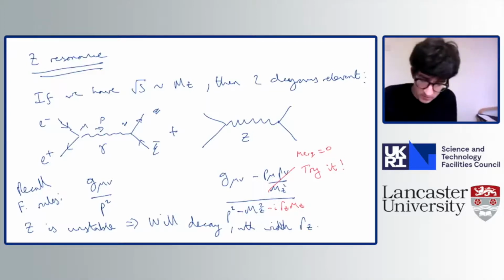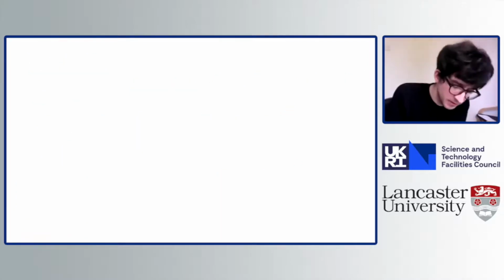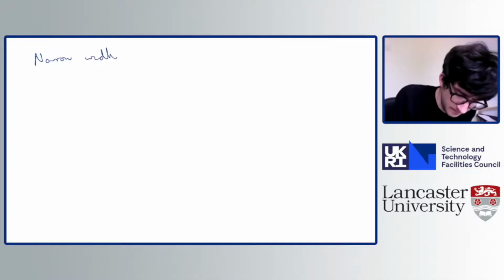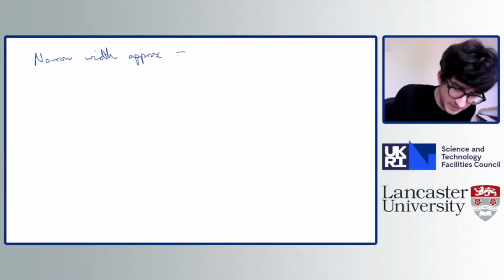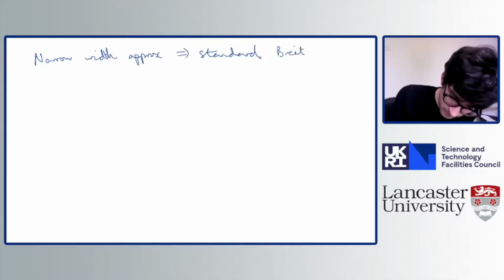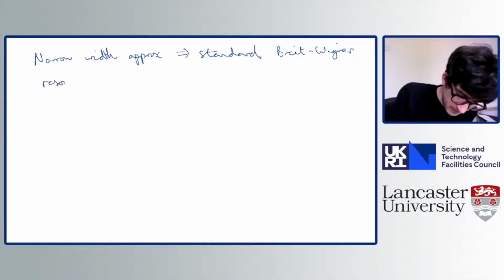The Z is unstable, it will decay, it has a width, gamma Z, we know this, right? Certainly something you'll be familiar with. And in the narrow width approximation, this is just a standard Breit-Wigner resonance.